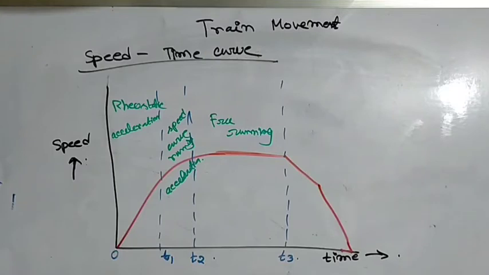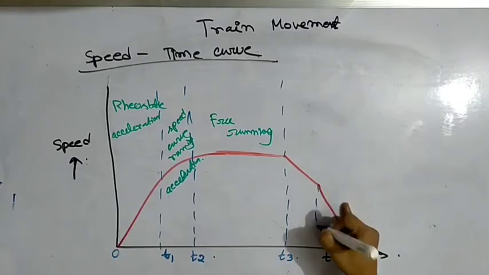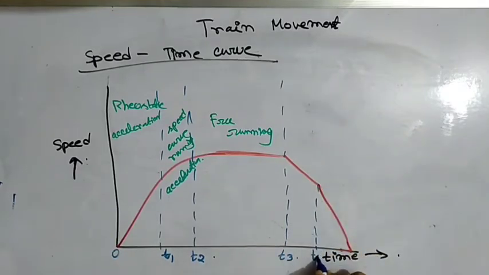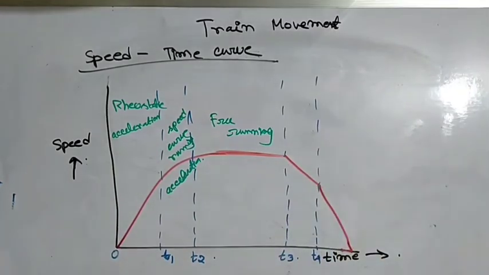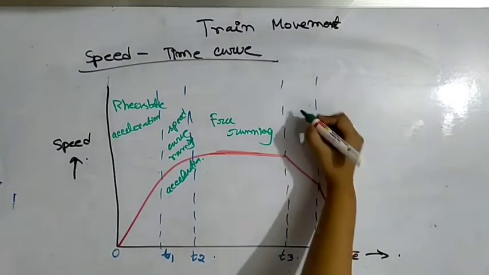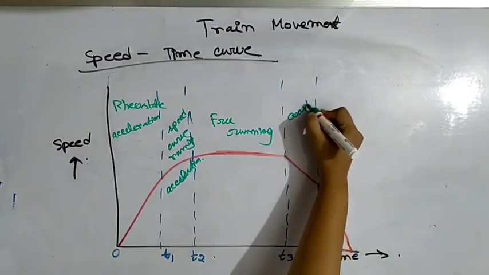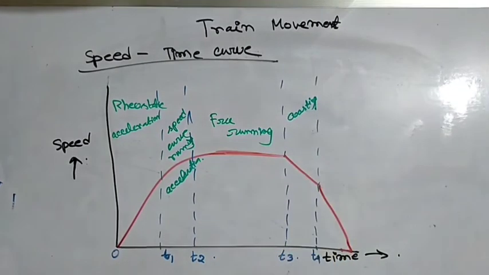Next is the coasting period, T3 to T4. This is the coasting period. At the end of the free running period, supply to the motor is cut off and the train is allowed to run under its own momentum. And due to train resistance, the speed of the train gradually decreases.